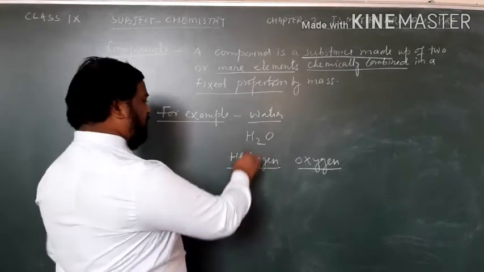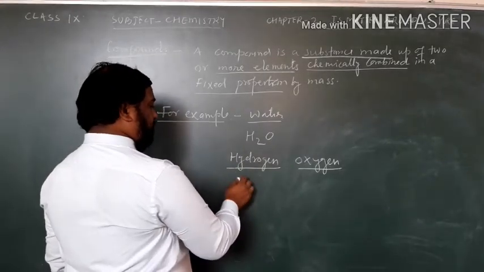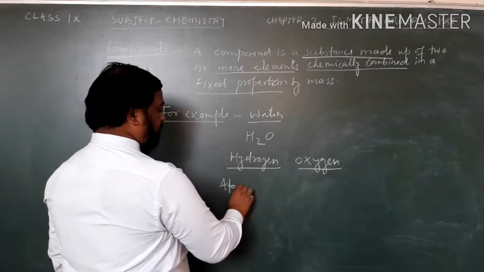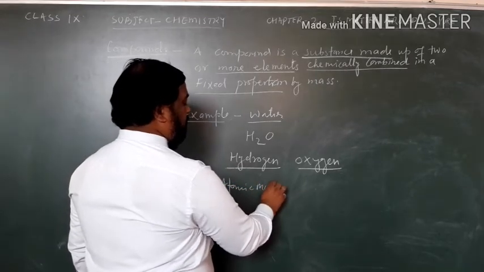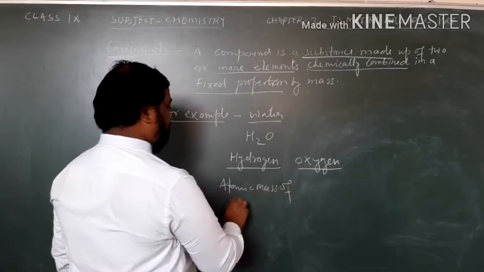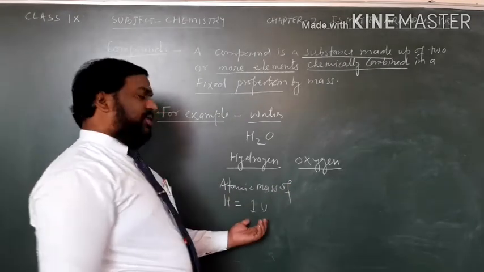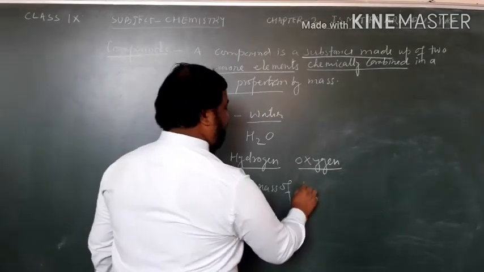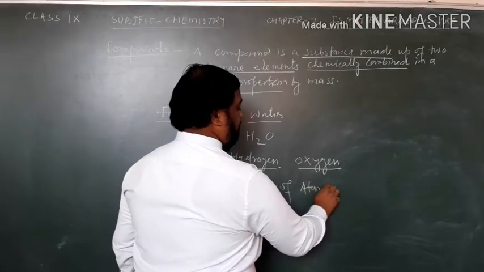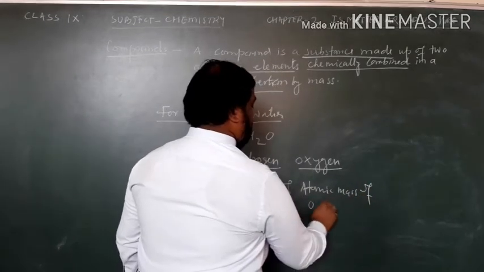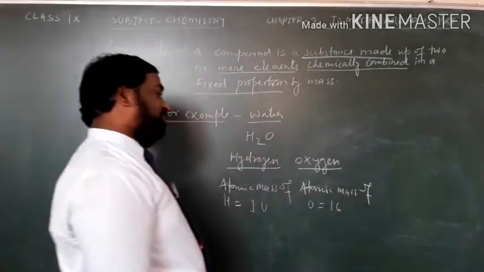Now the atomic mass of hydrogen is 1 unit and the atomic mass of oxygen is 16.